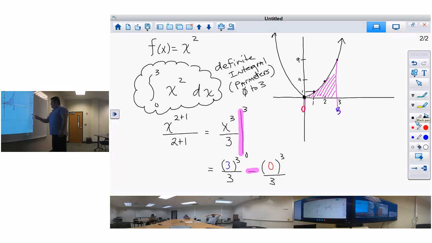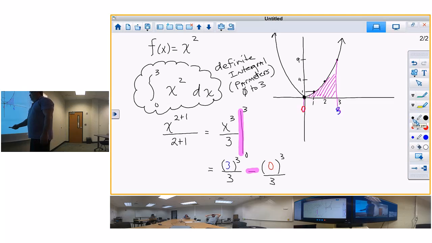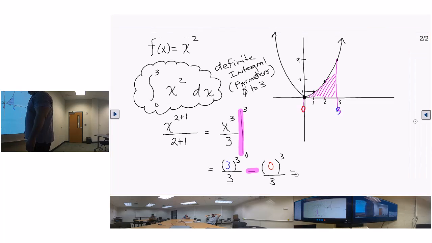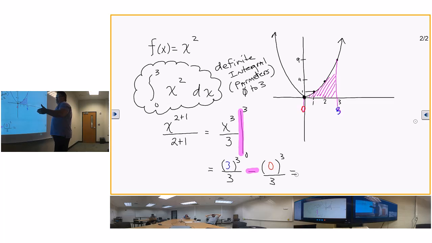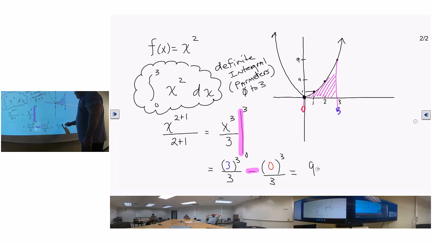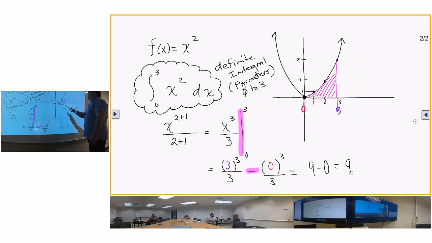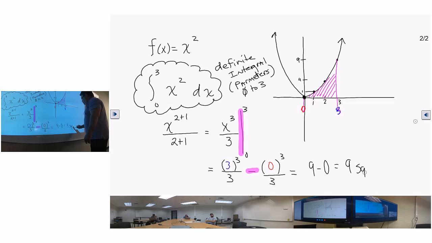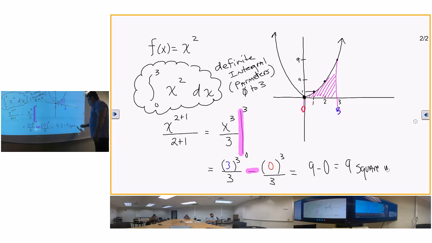And I get 3 to the 3rd power, which means one of them is going to cancel out with the bottom, so that leaves 3 times 3, which is 9, minus 0, which is 9. So the area under this curve from 0 to 3 is 9 square units.